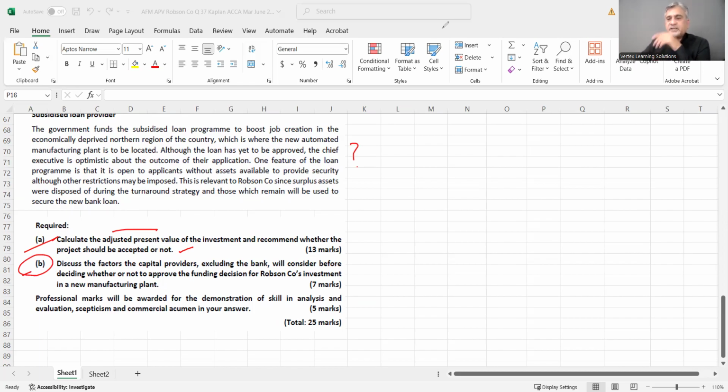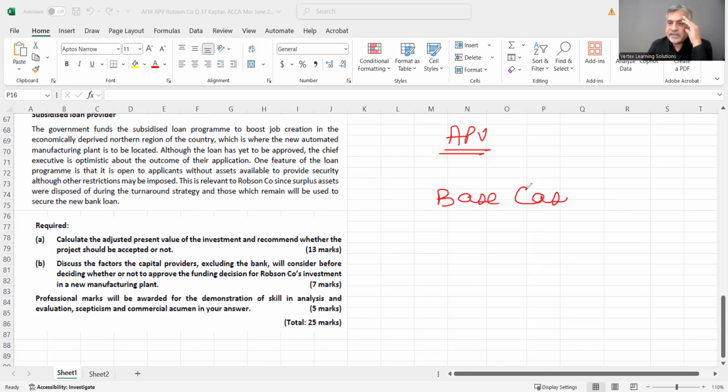So let's start discussing what we need to do. They ask you to calculate your APV. How do you calculate APV? Step 1 is you calculate your base case NPV. Step 2 is you calculate your financing side impact.